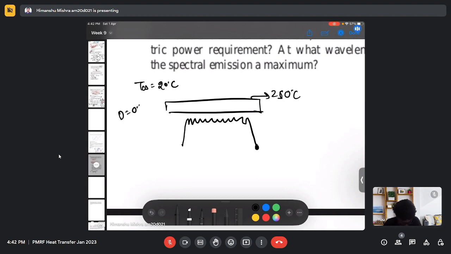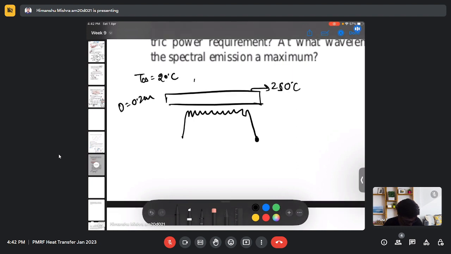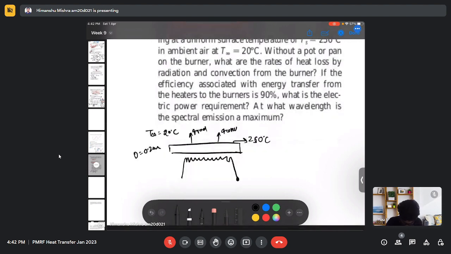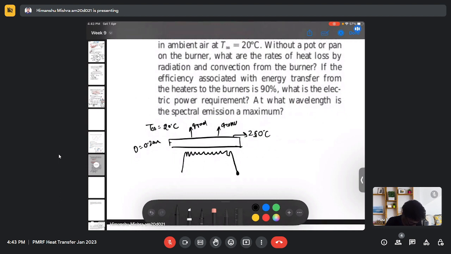Diameter is 0.2 meter. And there will be a radiation heat transfer plus convection heat transfer. This diameter is of the surface. Yes, it is this diameter.